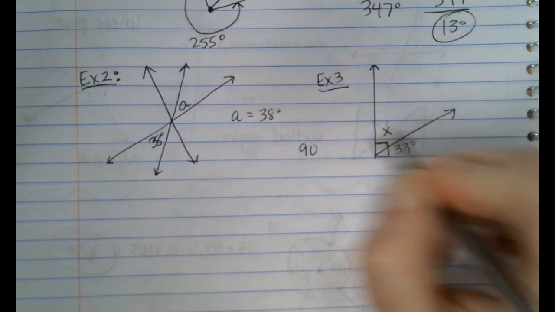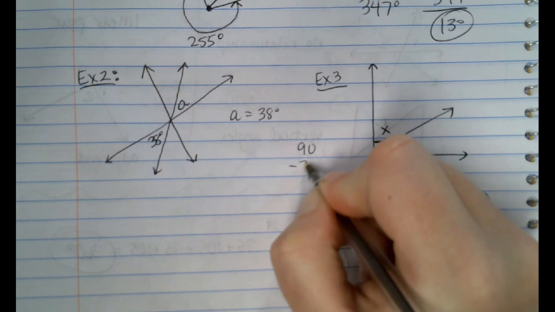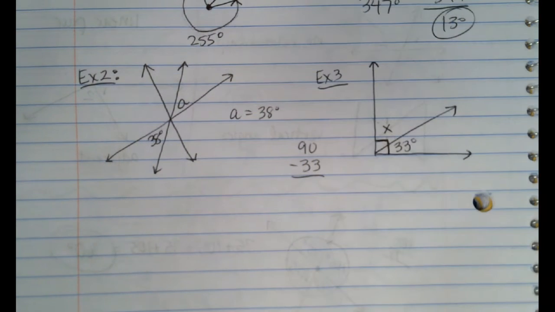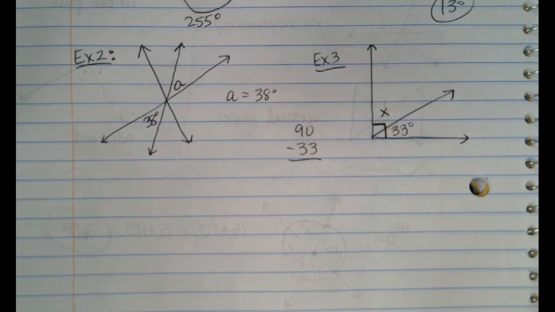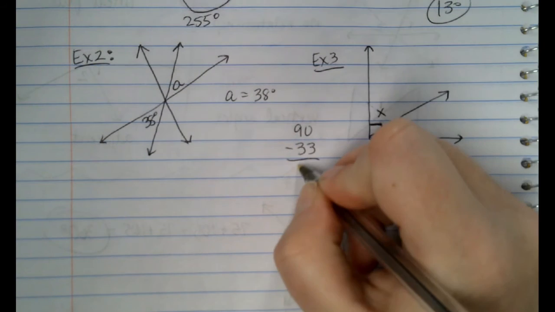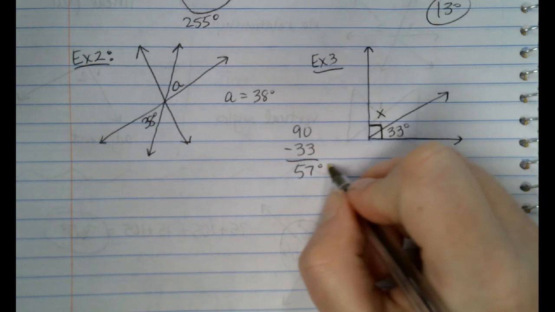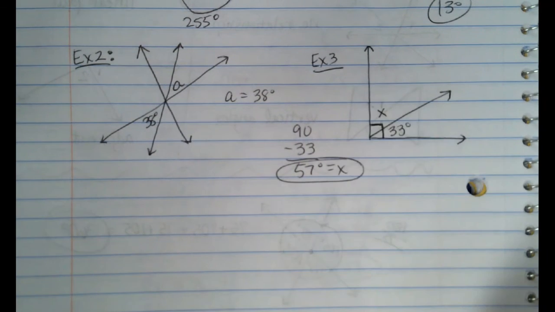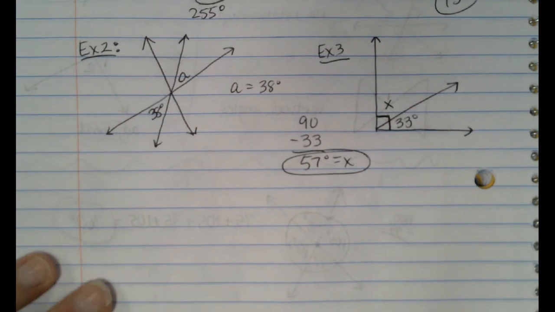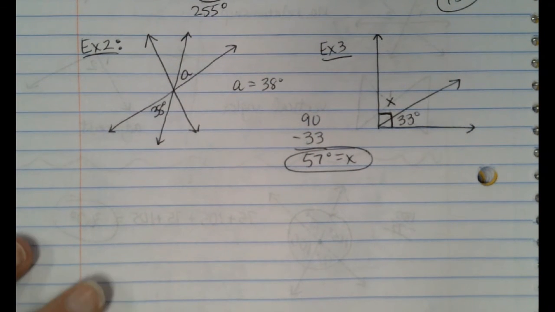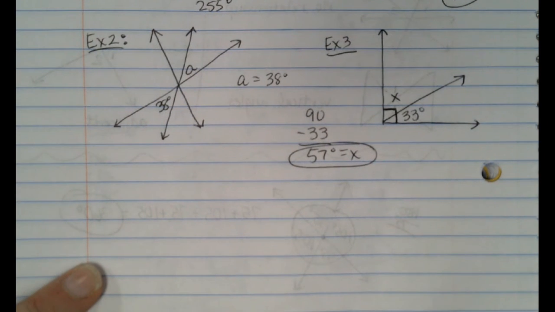If the full angle was 90 and we take out this little section that's 33, 90 minus 33 is going to give us our x. 57, I think. Questions about this? All right, I got a few more.